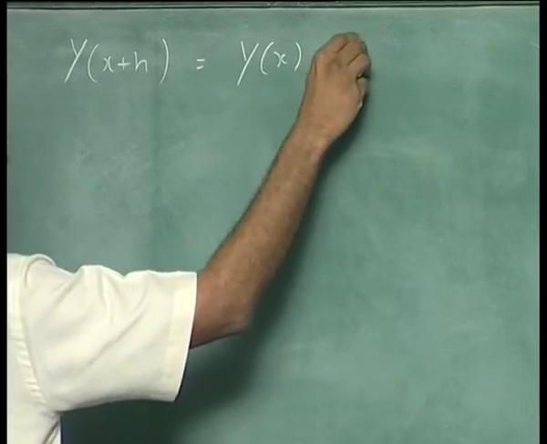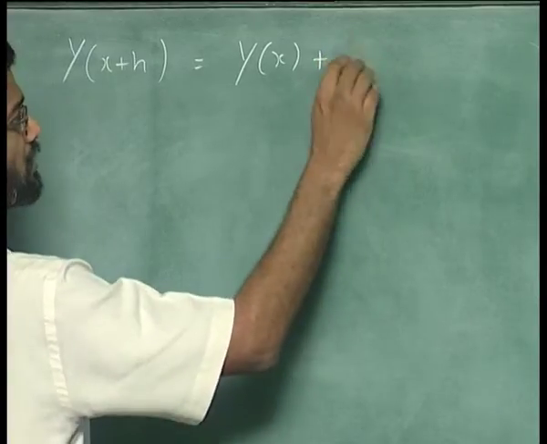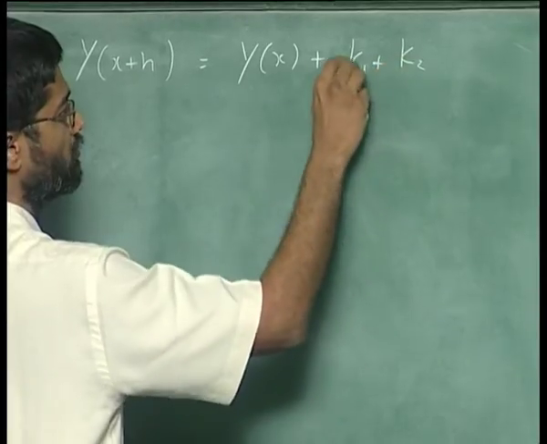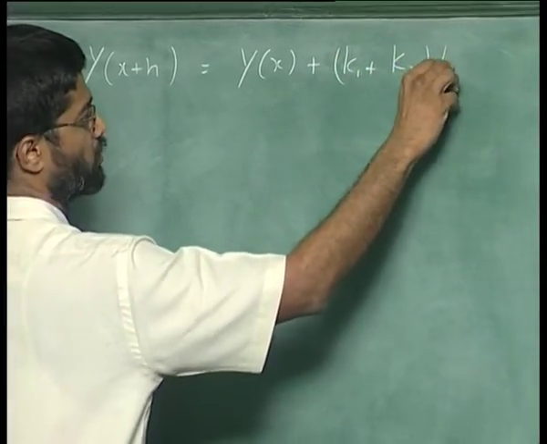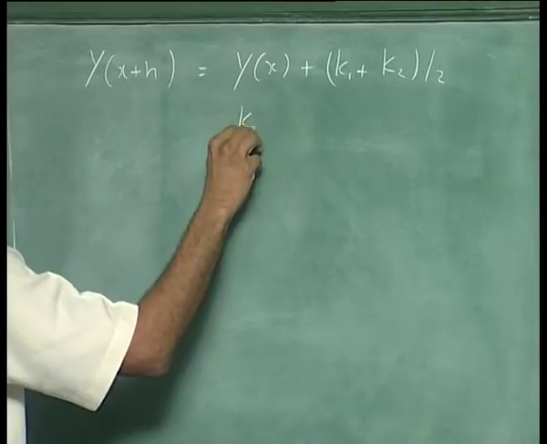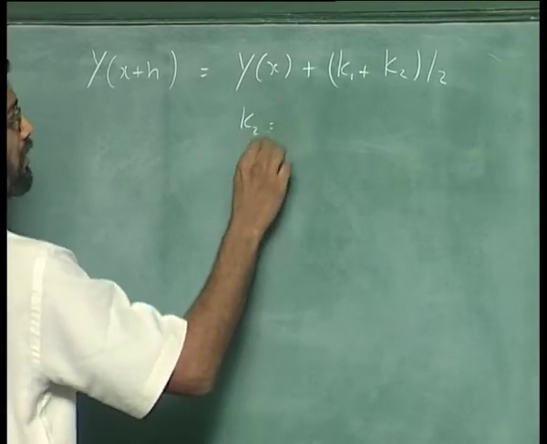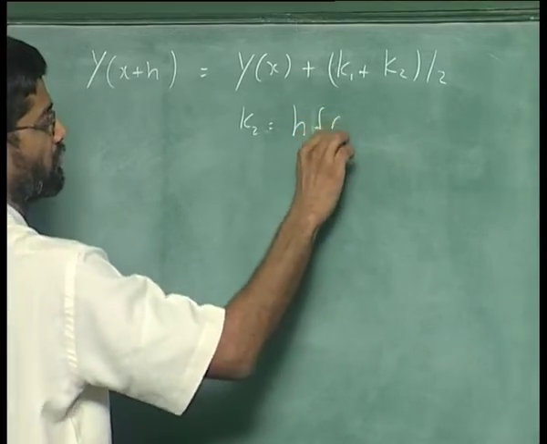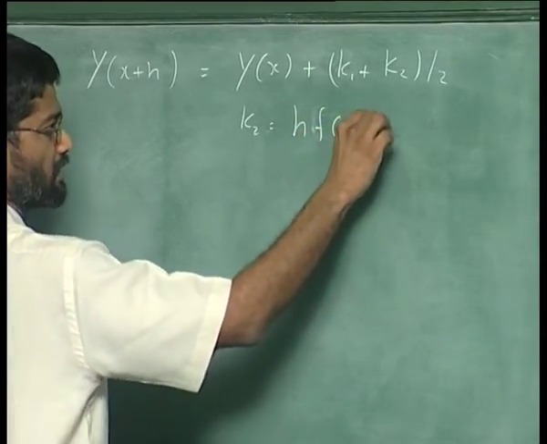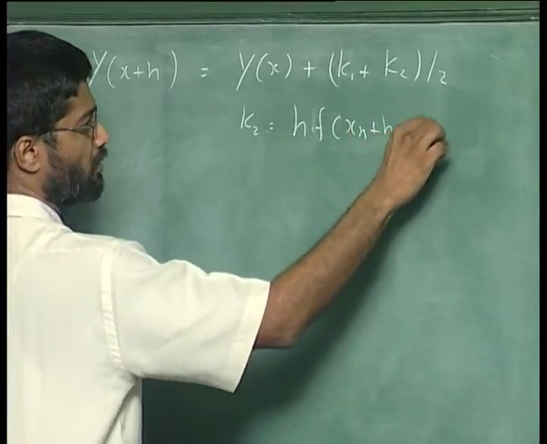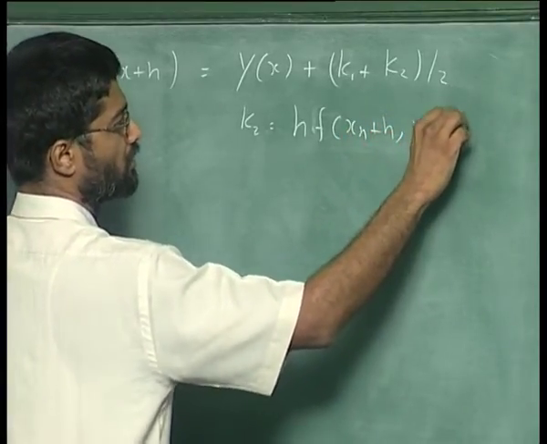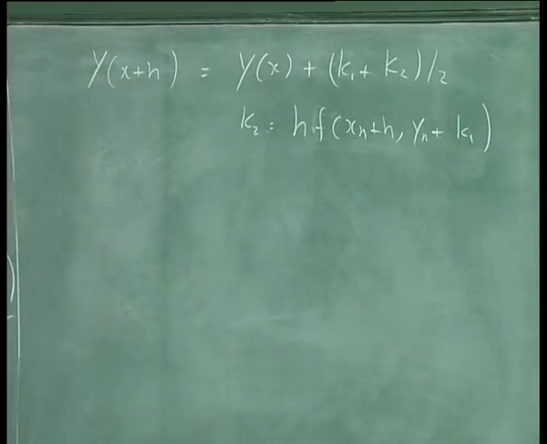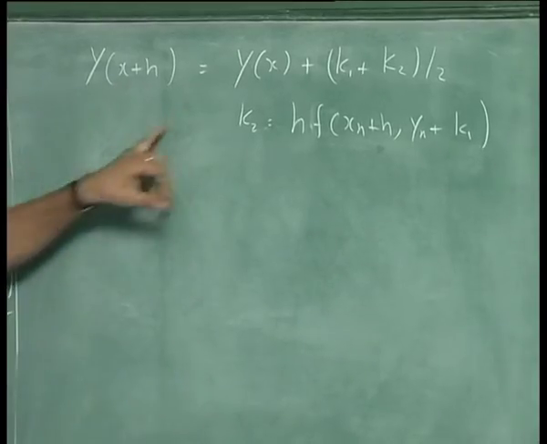Then I would write this as k1 plus k2 by 2, where to determine k2 I would use h times f, the function value evaluated at xn plus h and yn plus k1. Now this is the h I use, and I get x plus h from this scheme.